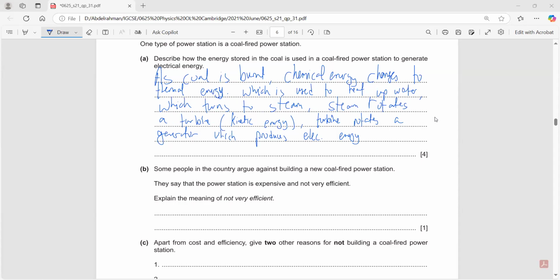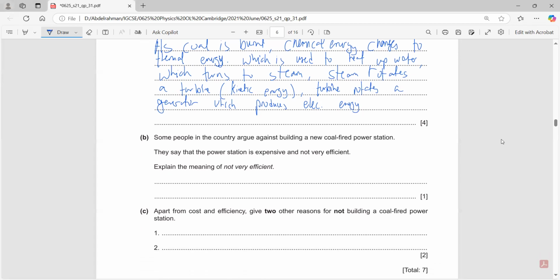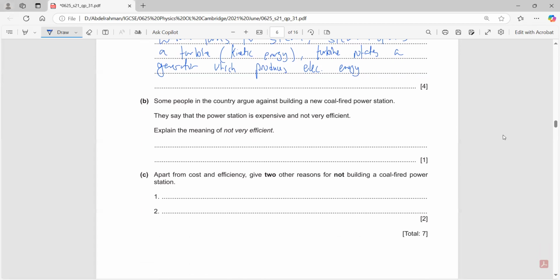Not very efficient means that I'm wasting a lot of the input energy, which is very true in the coal-fired power station. Most of the energy is actually wasted to the environment, which is not useful.